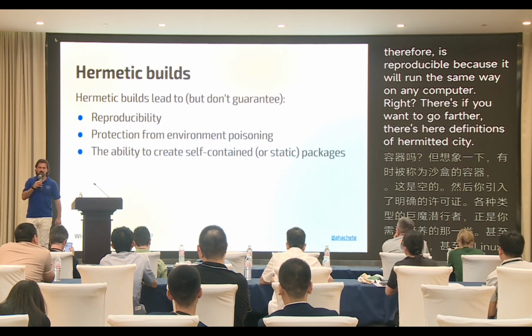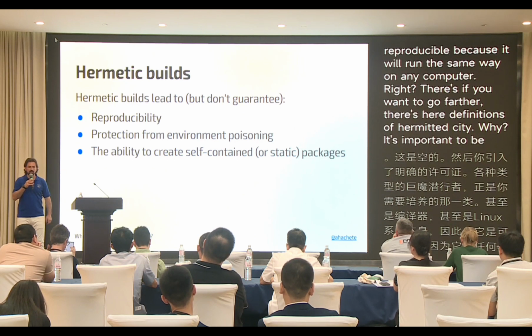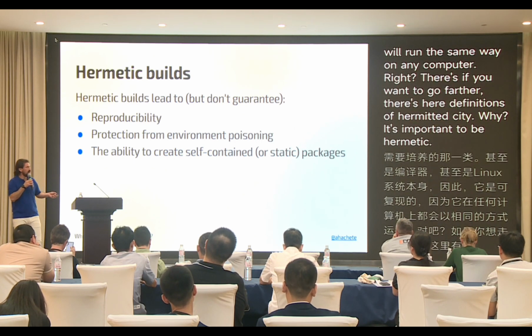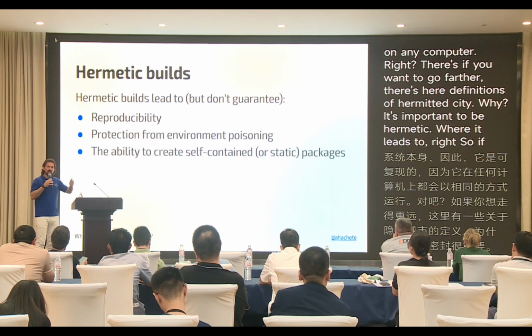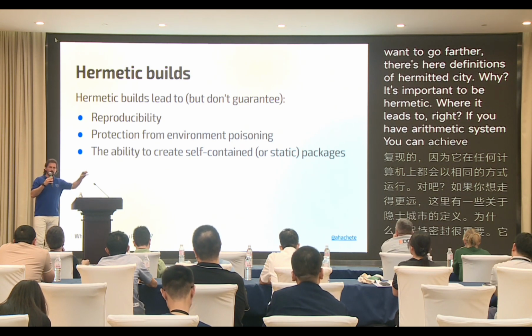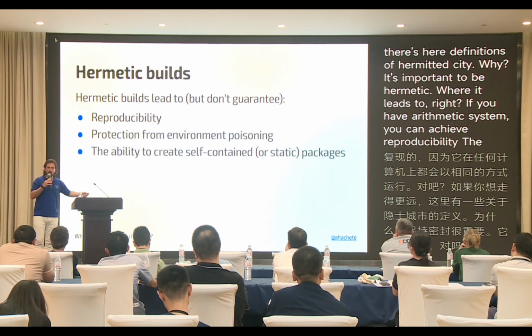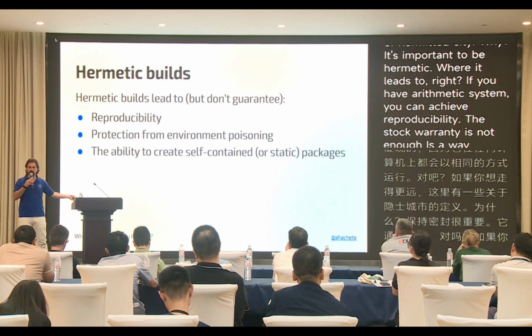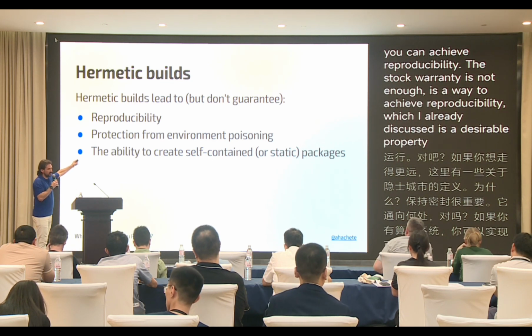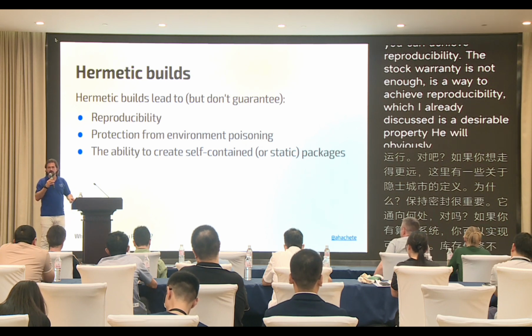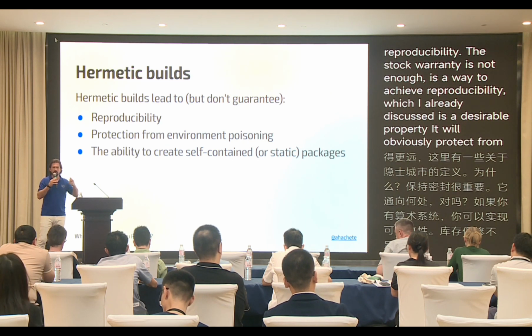Why is it important to be hermetic and where does it lead to? If you have a hermetic system, you can achieve reproducibility. That's not a guarantee, it's not enough, but it's a way to achieve reproducibility, which I already discussed is a desirable property. It will obviously protect from poisoning and contamination from your own environment.